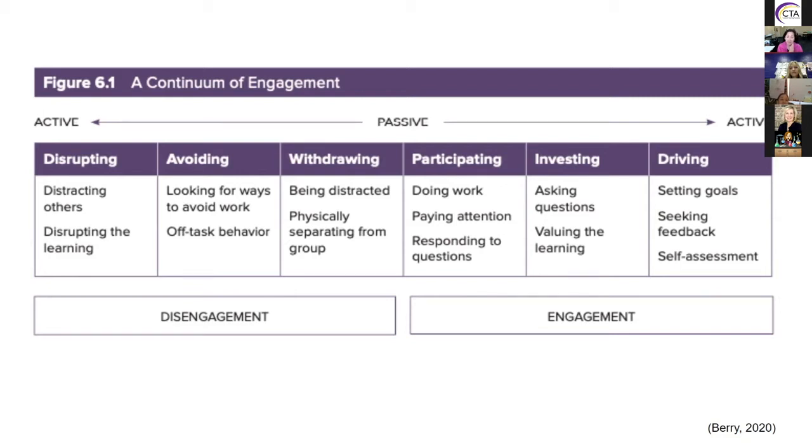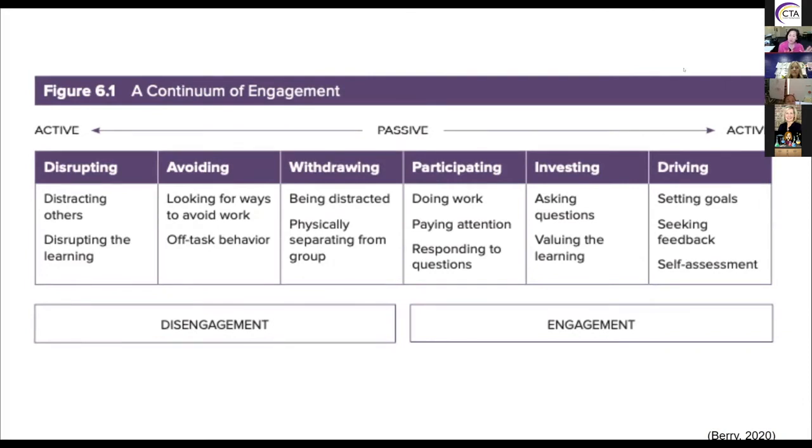And she comes into your math class and you're about to start a really wonderful lesson on quadratic equations. Forget about it. She's more on the disengagement side. She may be participating, but it may be more passive. So this is what it means in the work of engagement.